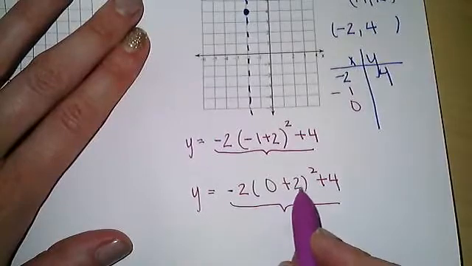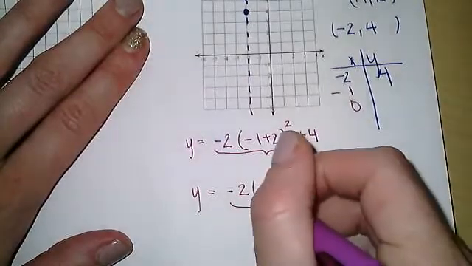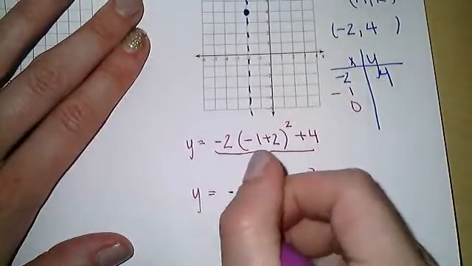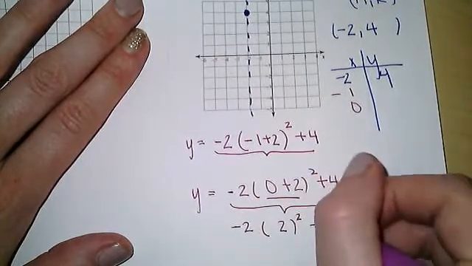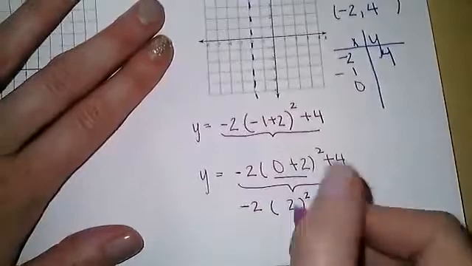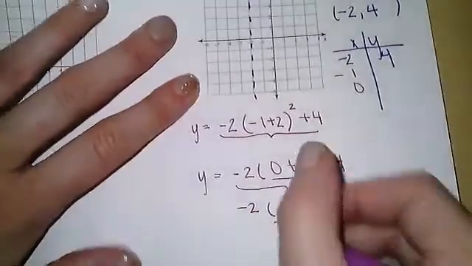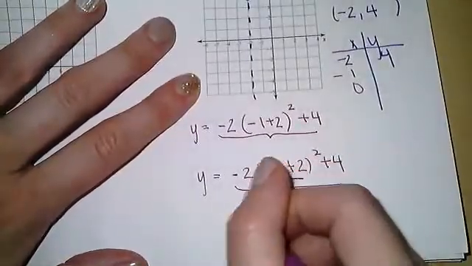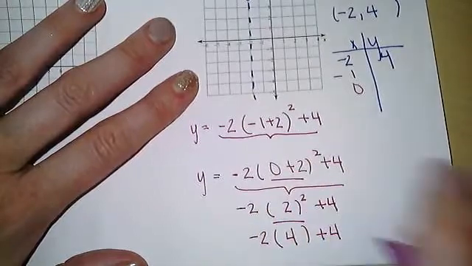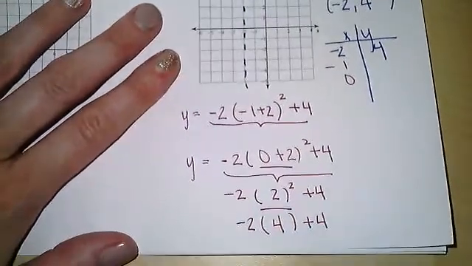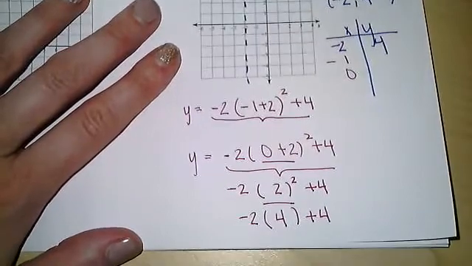So 0 + 2 would be our parentheses, so we'd do that first. So that would be 2 squared. Anybody know what 2 squared is? It's a 4. Yes, very good. And drop my multiplication down. I always run out of room when I do PEMDAS. That's another reason I don't do it a lot.